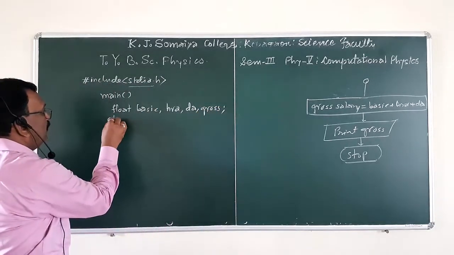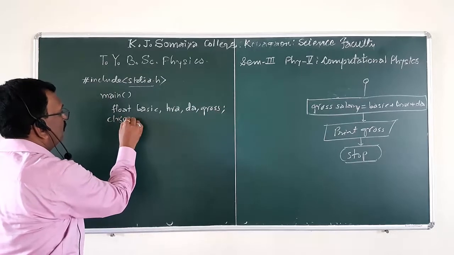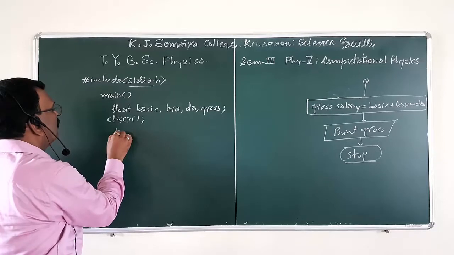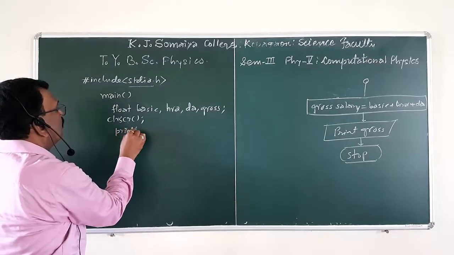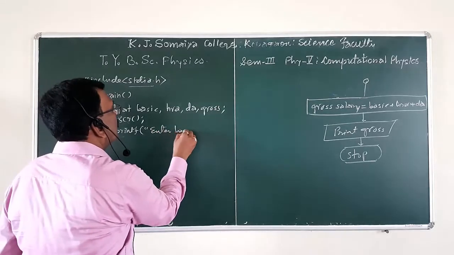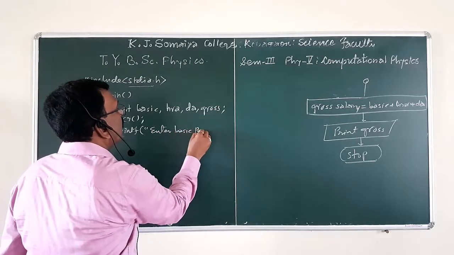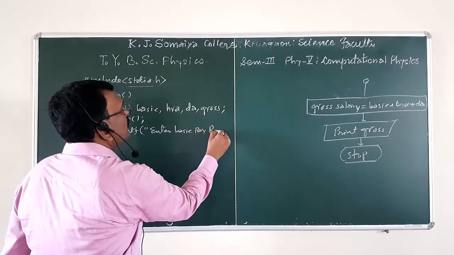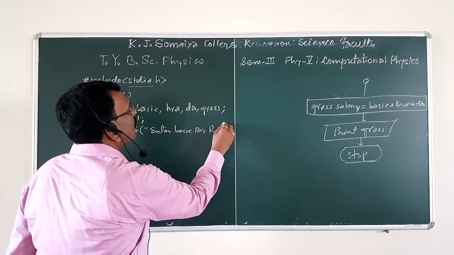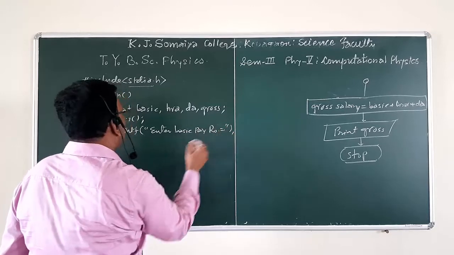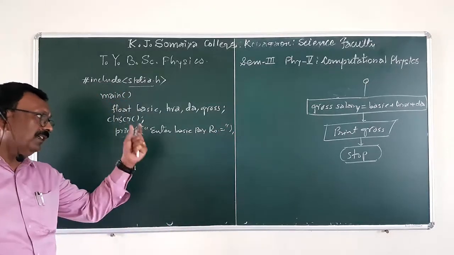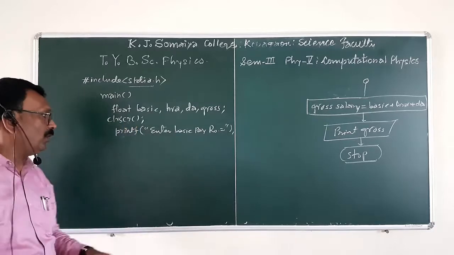Then clrscr, this is for clear screen. Then printf, enter basic pay rupees. Here the user wants to feed or enter the basic through the keyboard.